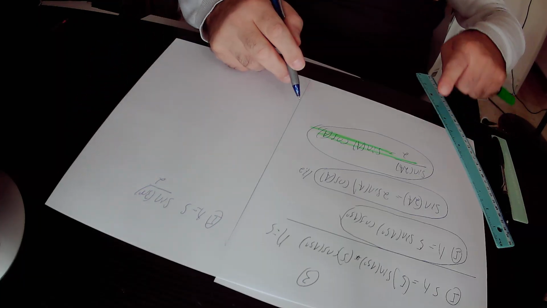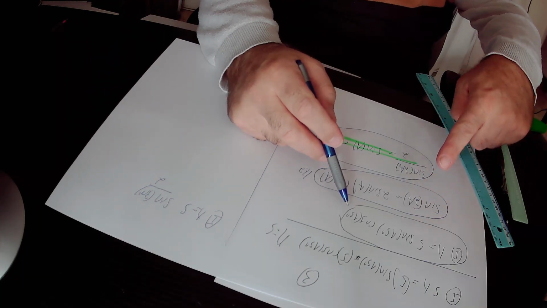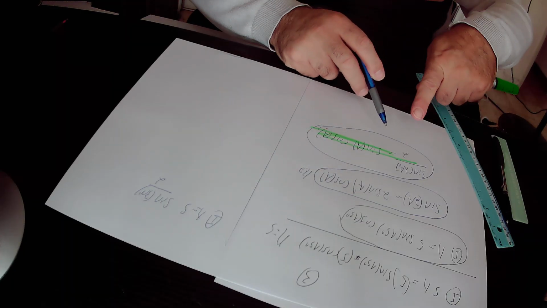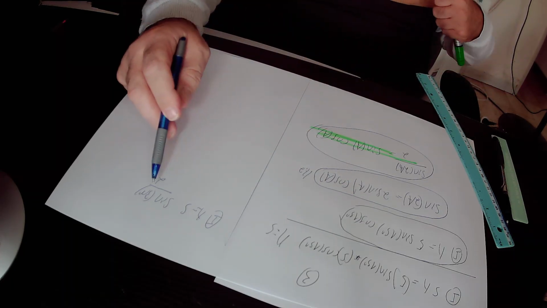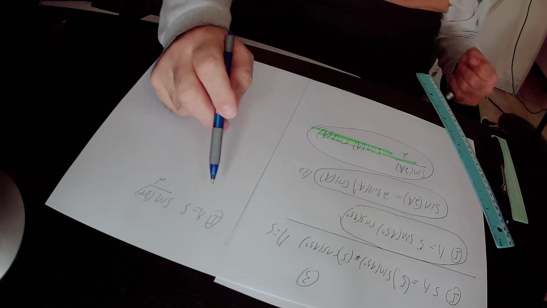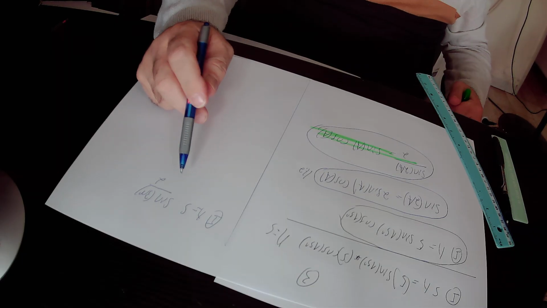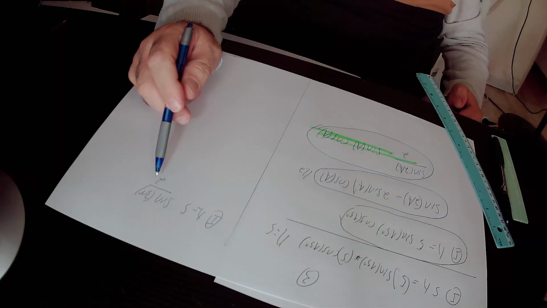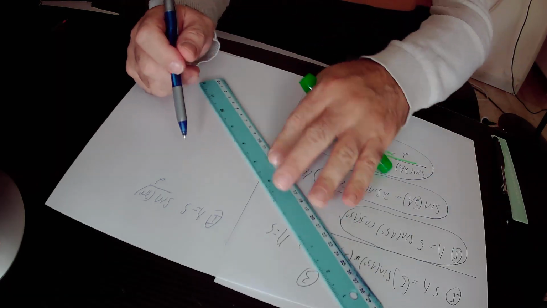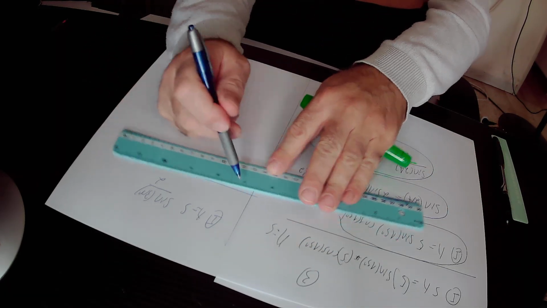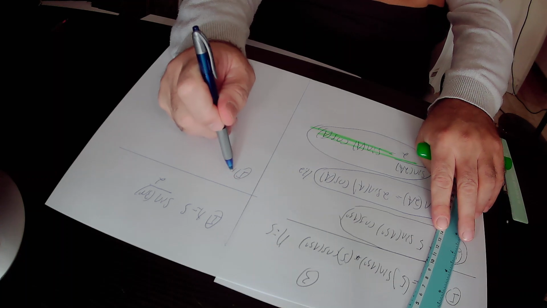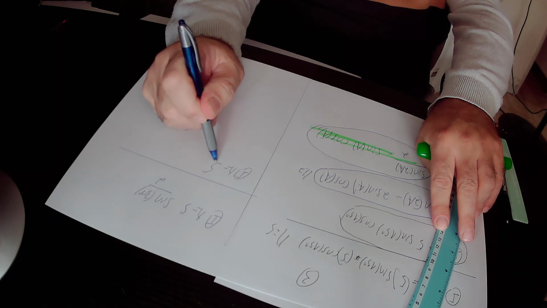So in total, according to equation 1, H equals 5 times sine 30 degrees over 2, that is 5 over 2 times sine 30 degrees.